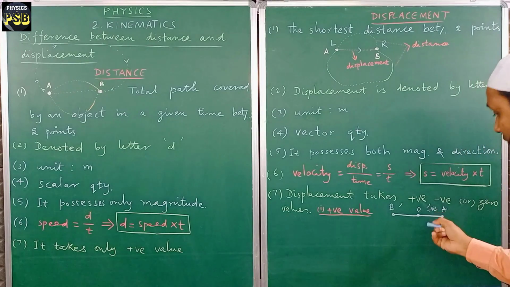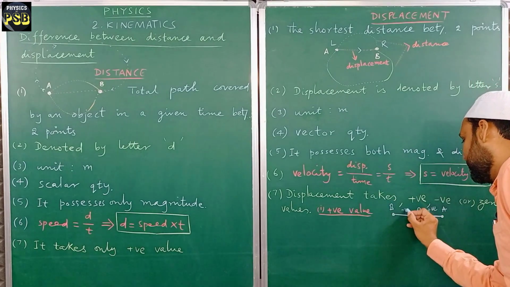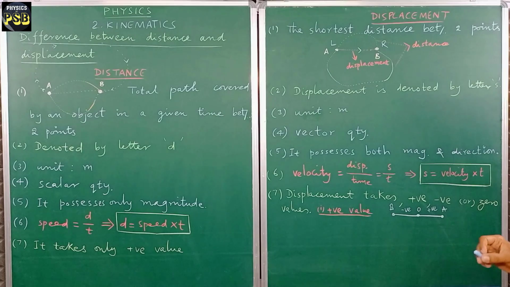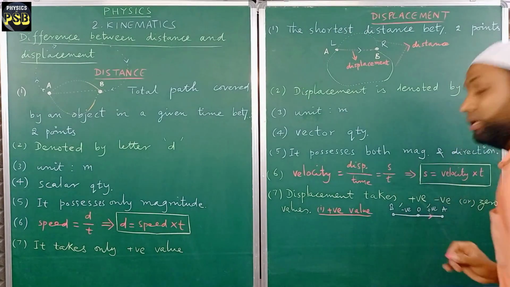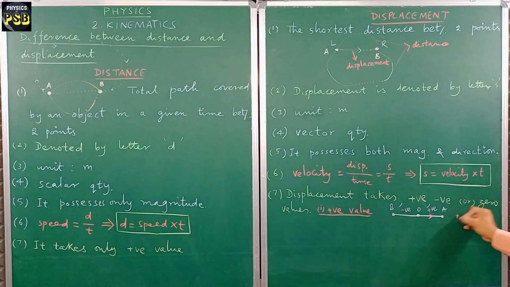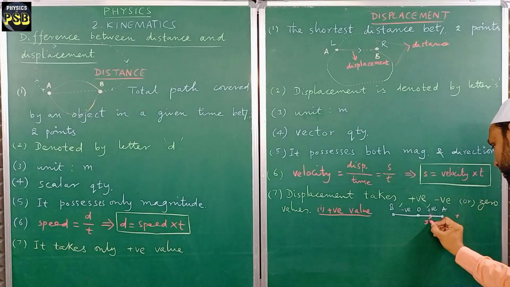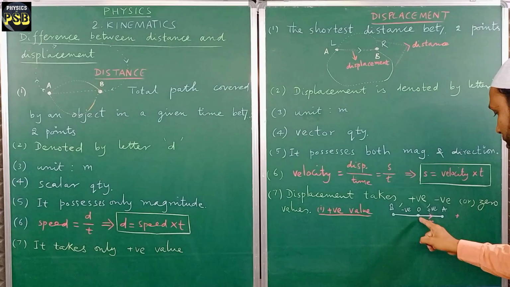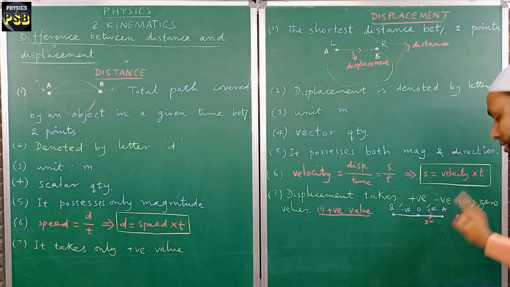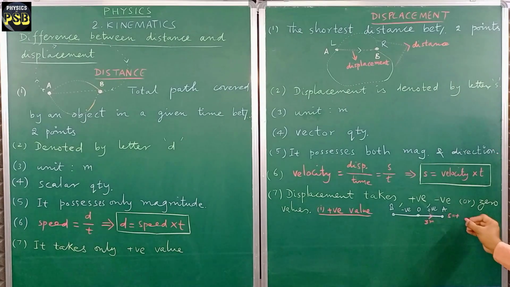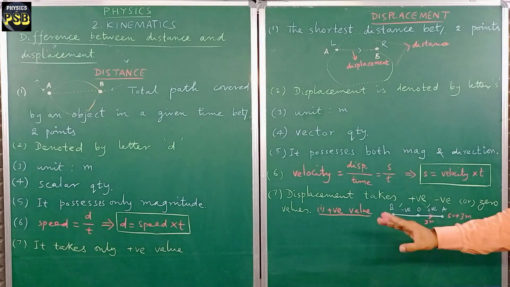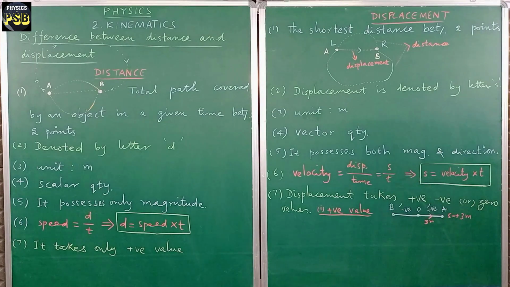If it moves in the opposite direction, then it is taken as negative value. Now suppose the object is moving towards A from O, then it will take a positive value. Suppose it is 3 meter. The distance between O and A is 3 meter, and displacement covered by the object is nothing but plus 3 meter. So this is how one gets a positive displacement value. Okay, positive displacement.